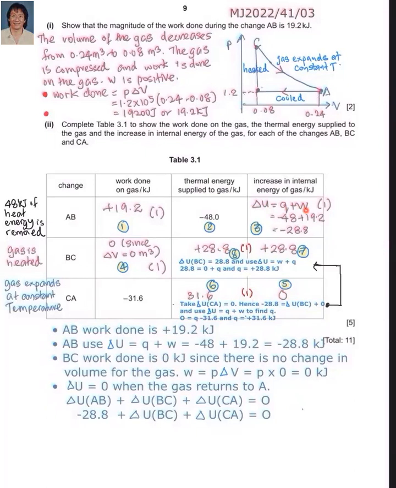So delta U equals Q plus W again. So delta U is 28.8. Your Q is unknown at the moment. Your W is 0. So your Q equals your delta U, which is 28.8. This will carry another mark. And then this is the reasoning for how to get the marks here in the question.